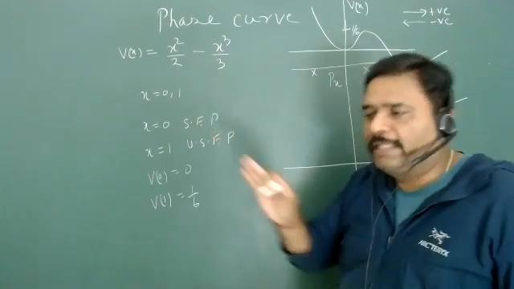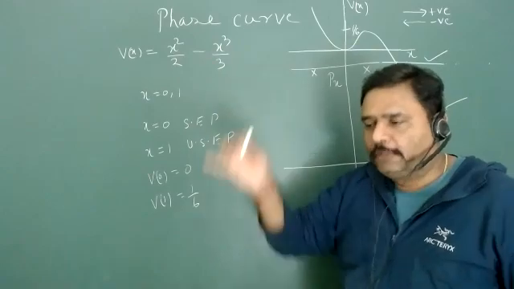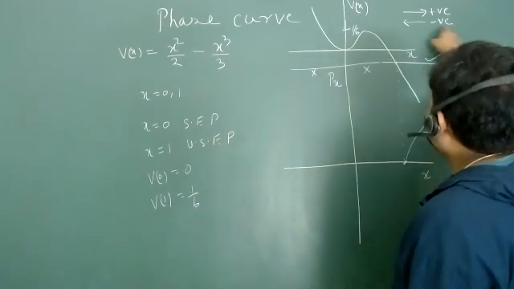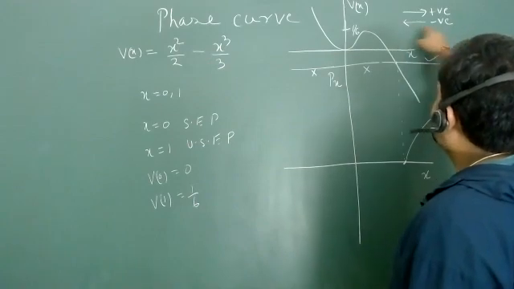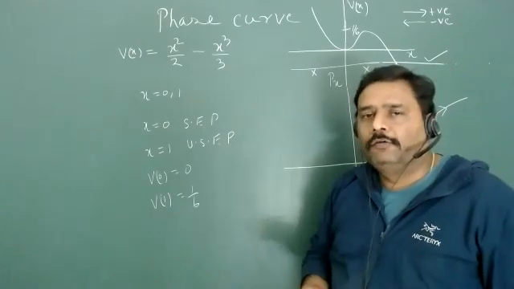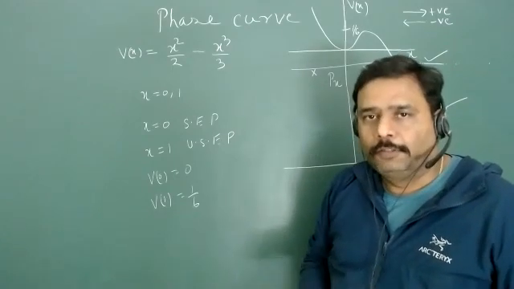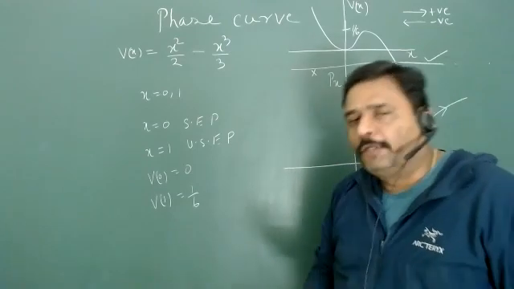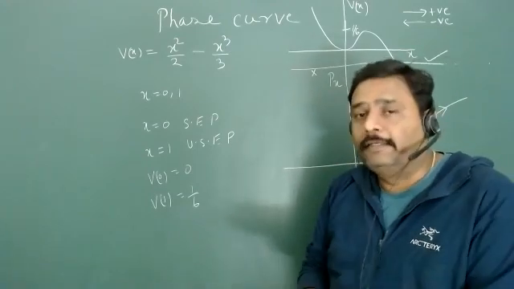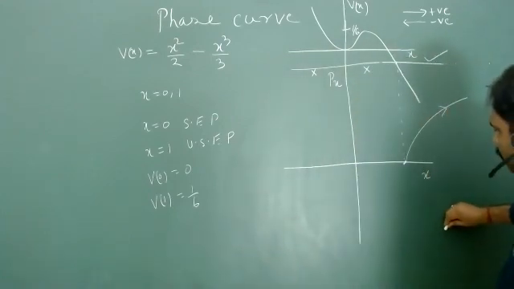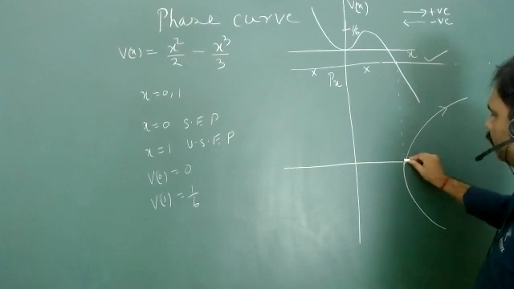If potential is increasing, then kinetic energy should be decreasing, but on the negative side, because I have to take this as my sign convention. If kinetic energy decreases, then momentum also decreases, because we have a direct relationship between potential energy, kinetic energy and momentum. So this is my curve for the negative value of energy.